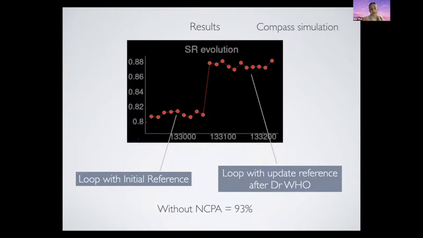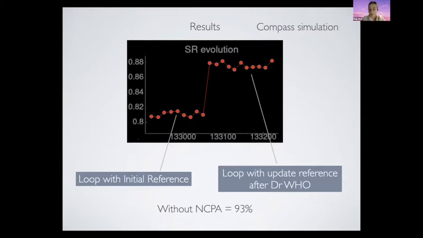And then as the algorithm proceeds, here after a few iterations of the Drwho algorithm, you update the reference of the wavefront sensor, and then you reach a much better Strehl ratio of 80 to 88%.